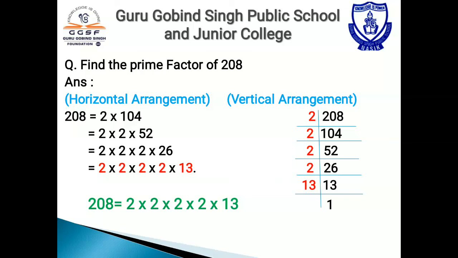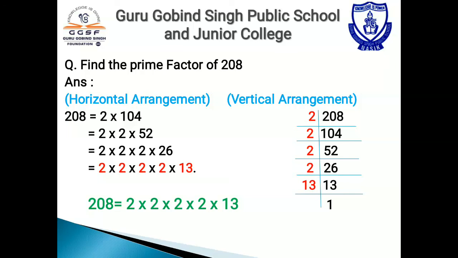208. We start with the smallest prime number, that is 2 into 104. 2 is taken as it is. 104 is a composite number, so we split it: 2 into 52. Again the prime numbers are taken as they are downside. 52 is a composite number, so it is split: 2 into 26.